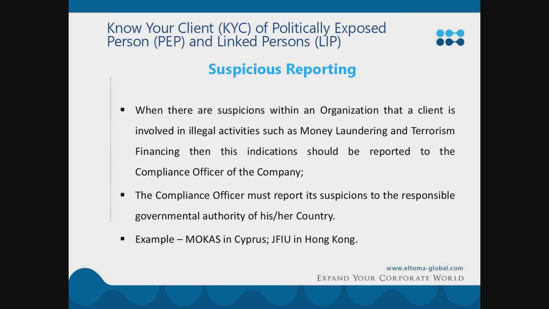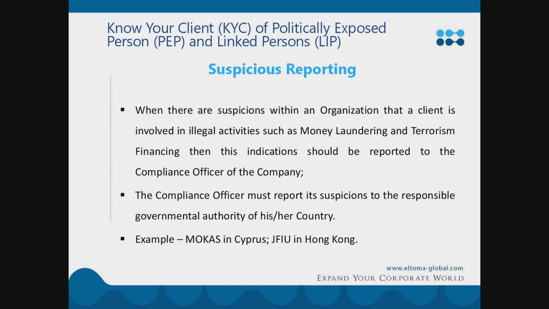Suspicious reporting is a procedure when you report to the government authority that you have identified that your client is involved in money laundering, terrorist financing, tax evasion, and so on. First of all, if this was identified by just a member of the company staff, this person must tell the compliance officer that, look, I have some suspicions that such a client may be involved in some illegal actions.